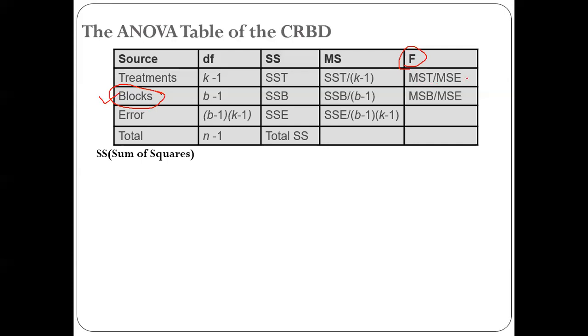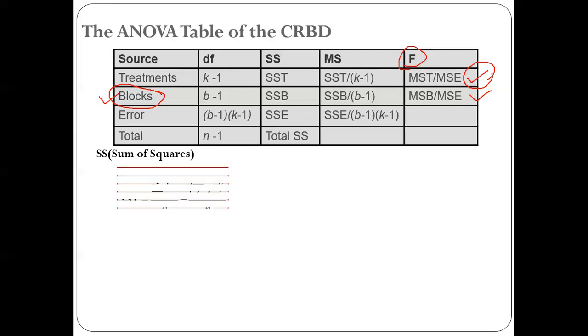We can refer to either one, the F value for treatments or blocks, but usually the main comparison that we refer to is the treatment.